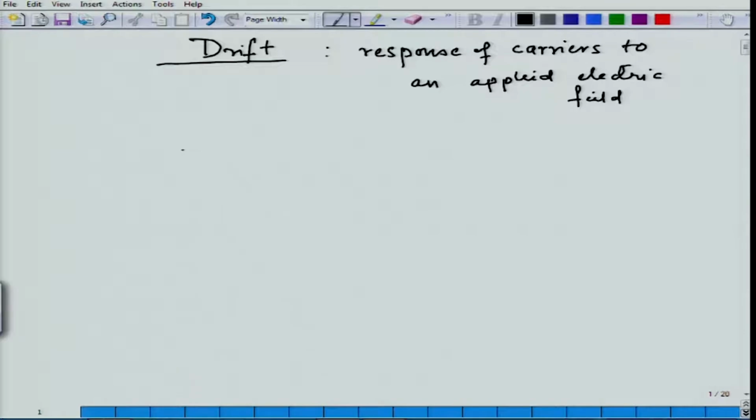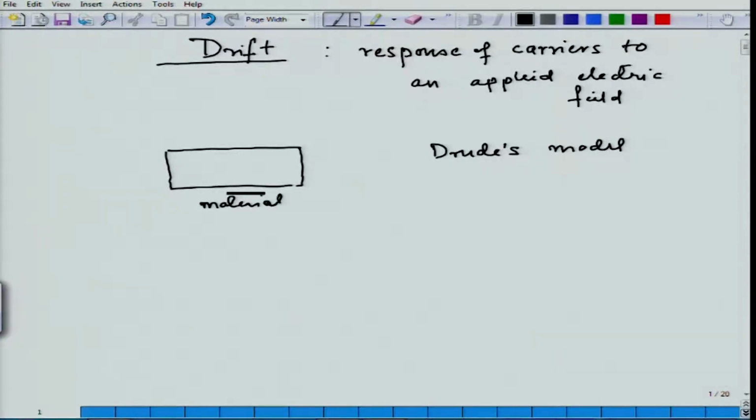We started with the discussion on how we understand conduction of electricity in a material, and the discussion started with Drude's model, where if we have any material and we apply a bias to this, we know that this will follow Ohm's law, which is basically current density, that is current per unit area in the conductor, given by conductivity times the electric field.